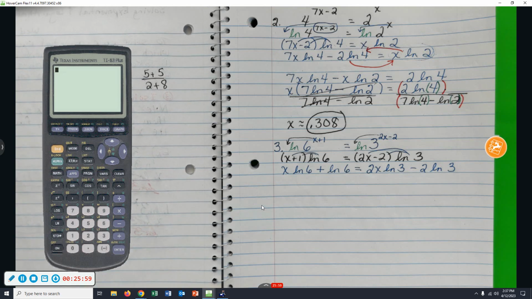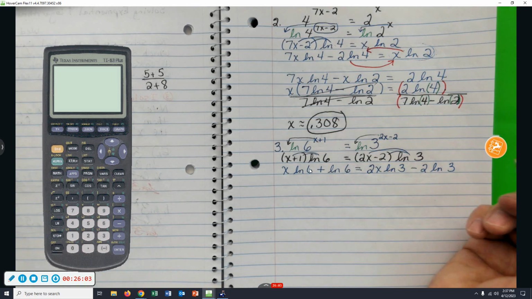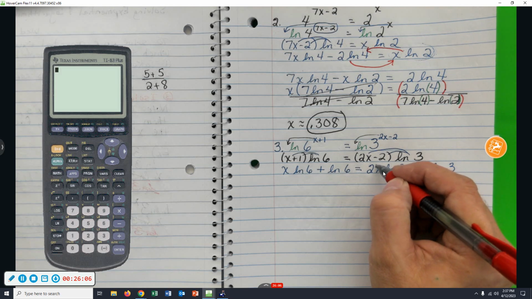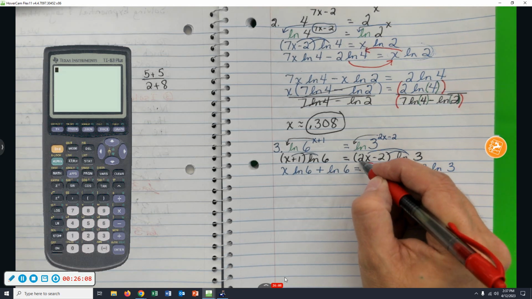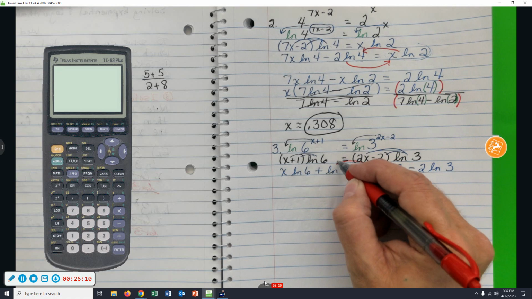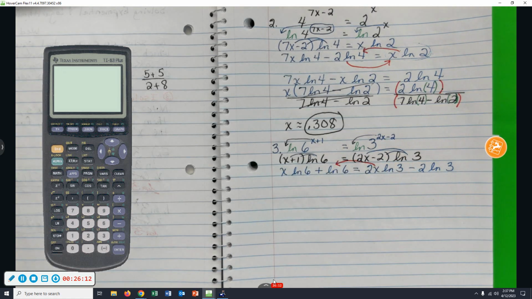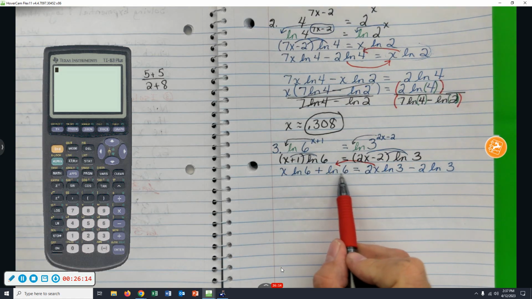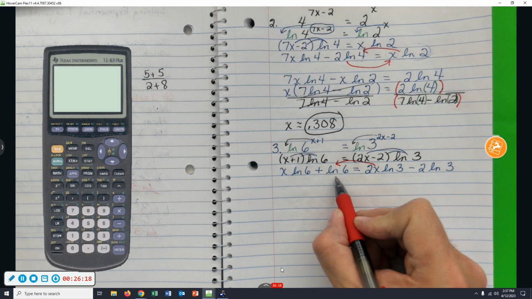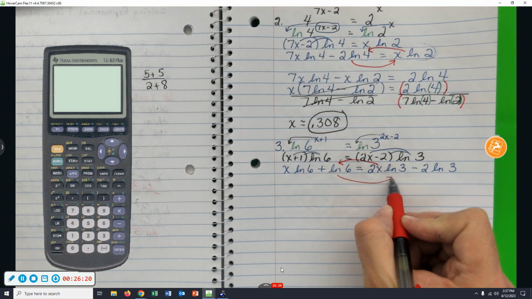Get all of the x terms on the same side. We already have an x ln 6 on the left. What are we going to do with this x term? Okay, so subtract it. And what am I going to do with the ln 6? Because there's no x on the ln 6, so subtract it.